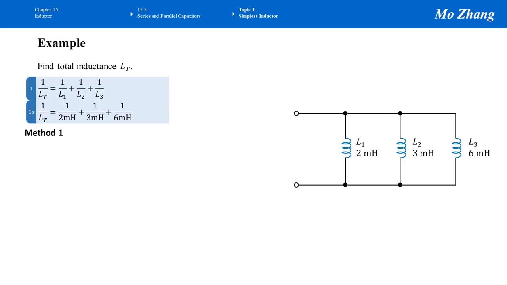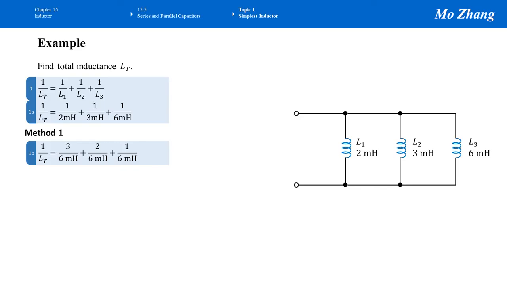So we change every term's denominator to 6. For the first term, the denominator 2 becomes 6. We need to multiply a 3 to the denominator. So we multiply a 3 to the numerator as well. First term is 3 over 6 millihenry.